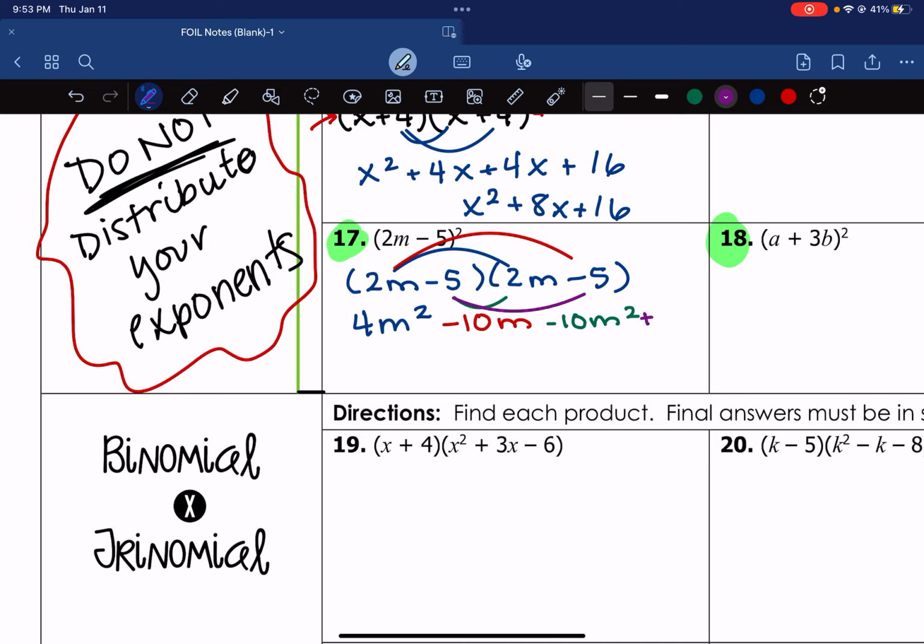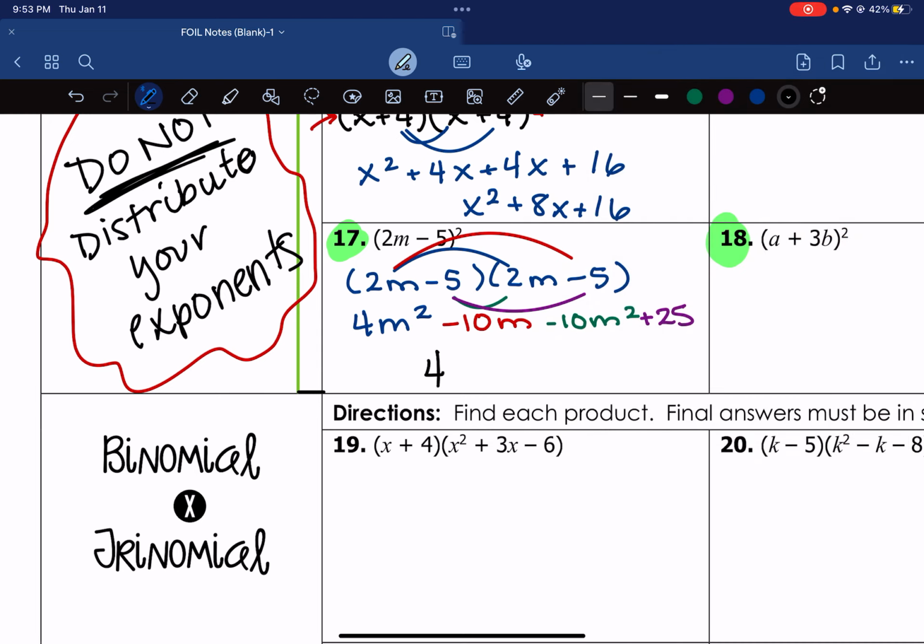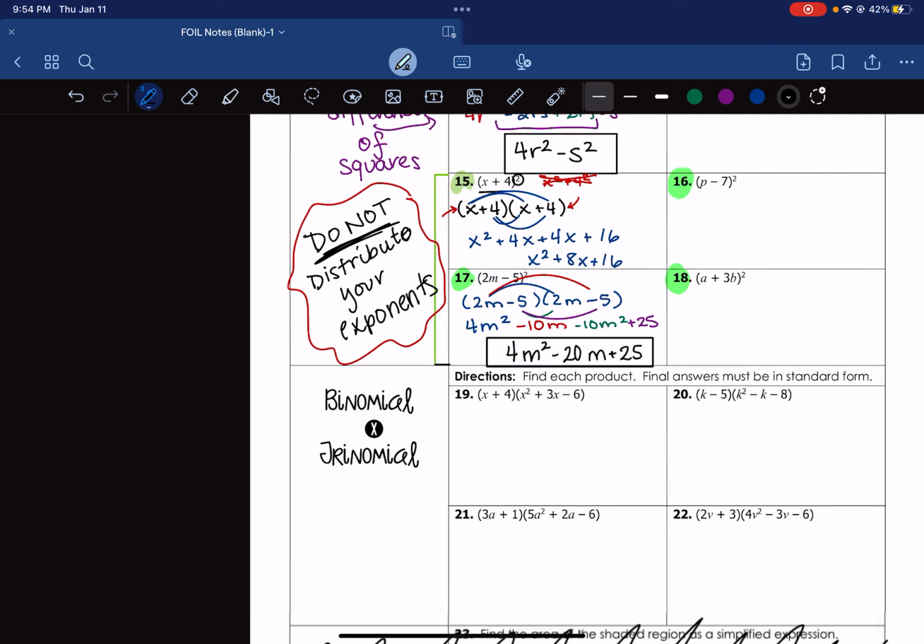That is going to be plus 25. All right? So, in the end, your final answer for this one should be 4m squared minus 20m plus 25. That is your final answer.